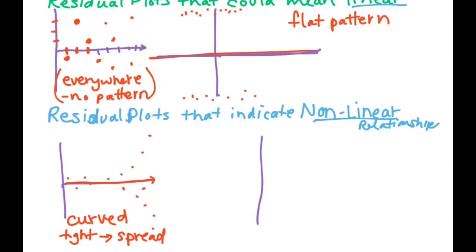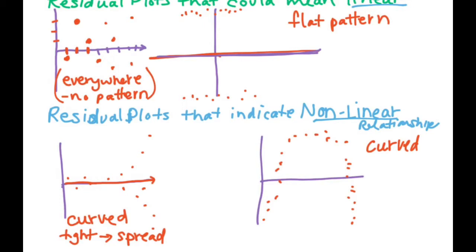The last example is sometimes these residual plots end up looking almost like a parabola. Again, the big thing we don't like is that it's curved. We definitely don't like curves.